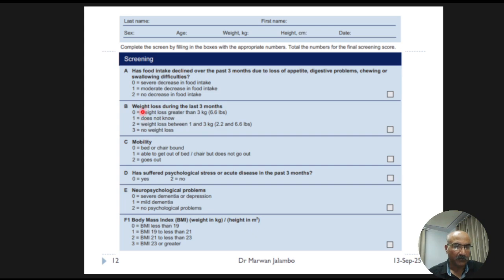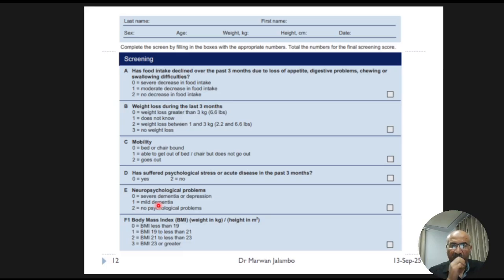I put 0 here because these values are summed and calculated, and after this we can judge whether this person suffers from malnutrition or not.